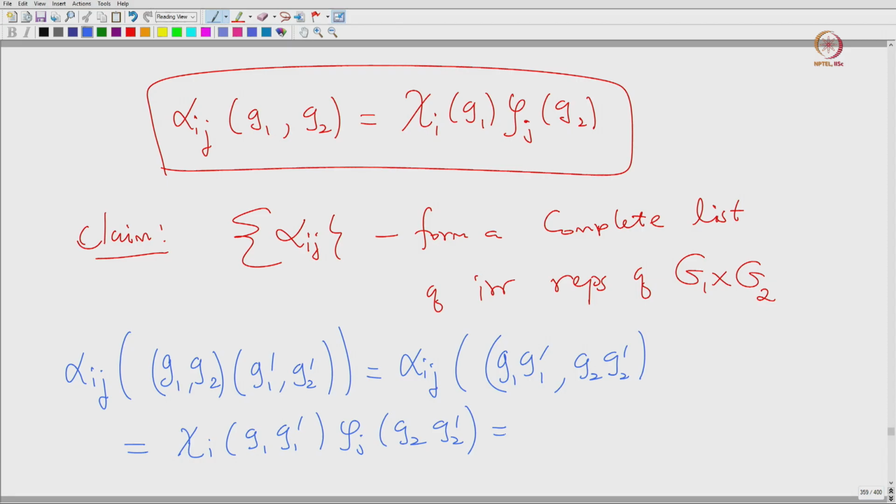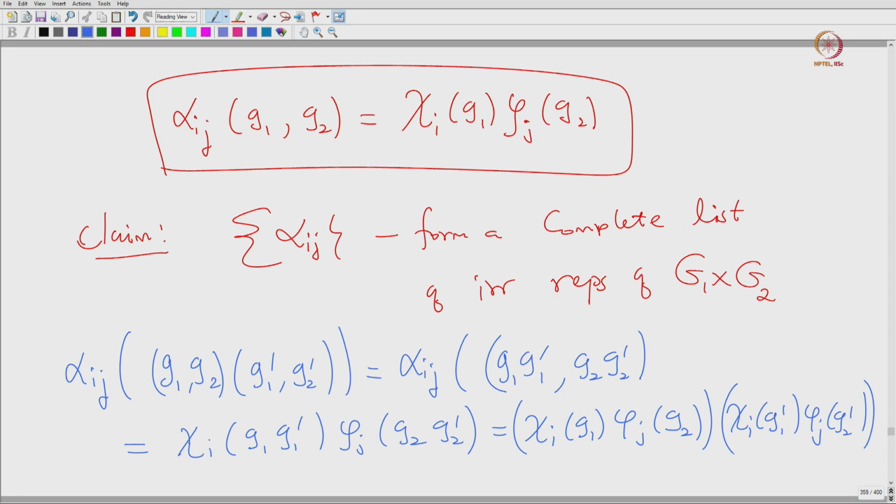Now, using the fact that chi i and phi j are group homomorphisms, we can collect this as chi i of g1 times phi j of g2 and times chi i of g1' and then phi j of g2'.